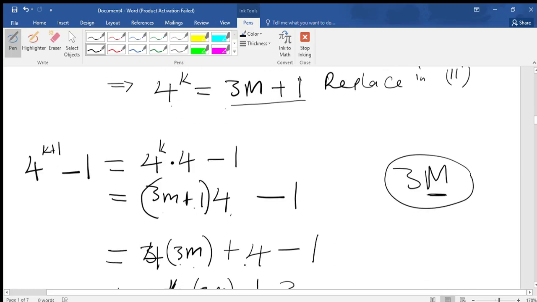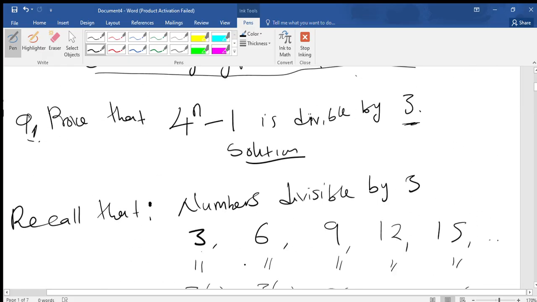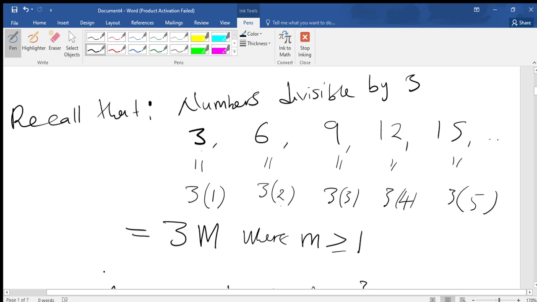Just running through, what did we say? Number 1, we have to understand that when something is divisible by 3, the only things which can be divisible by 3 are multiples. These are the multiples of 3 which we had here. These multiples can be expressed as 3 times m, where m is greater than or equal to 1.